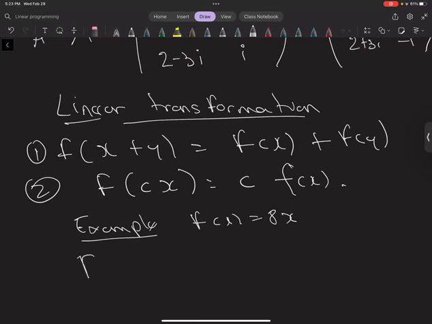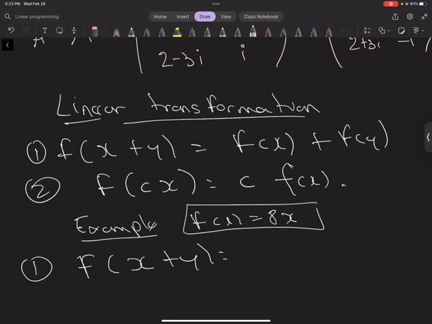So what is f of x plus y, property one? If f of x equals A of x, what is f of x plus y?